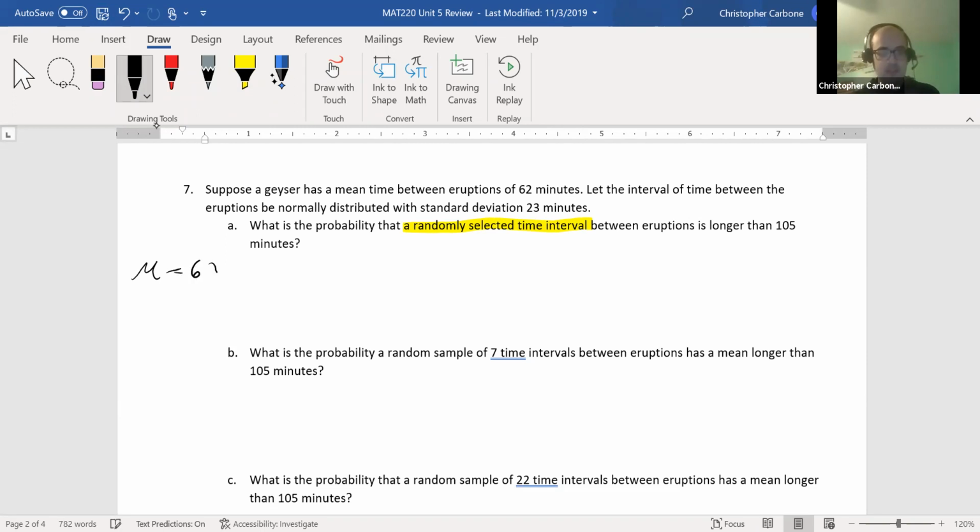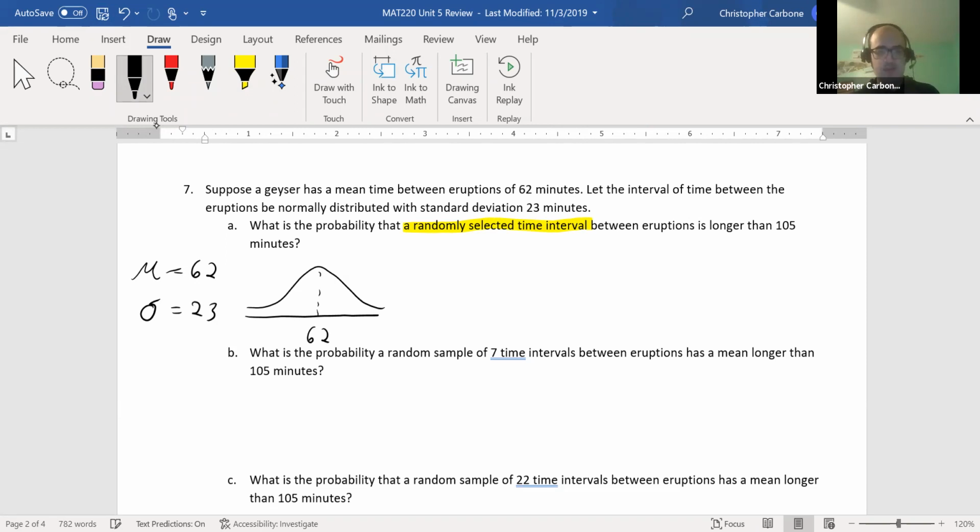This will have a mean of 62, as set up in here. Standard deviation of 23, which again, we were told. A pictorial representation of this looks something like this. Mean is 62.